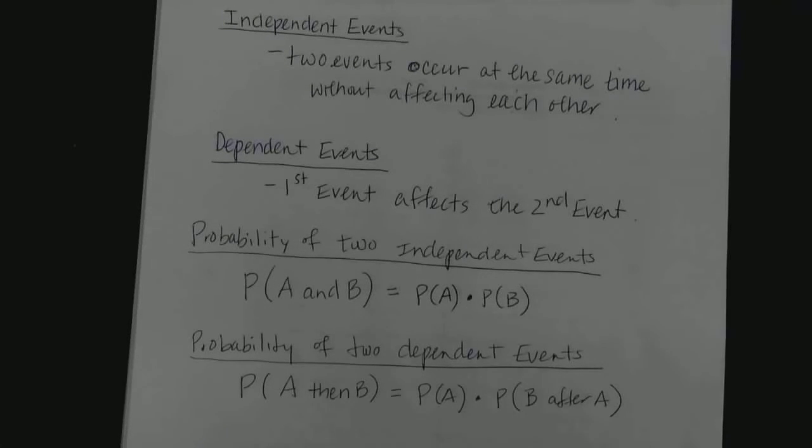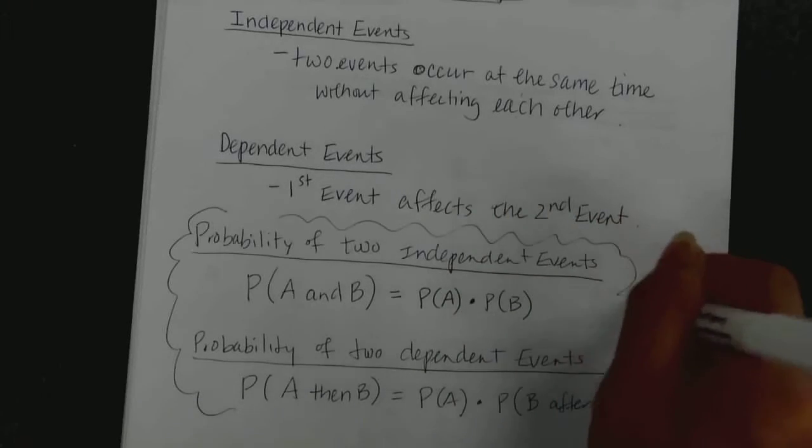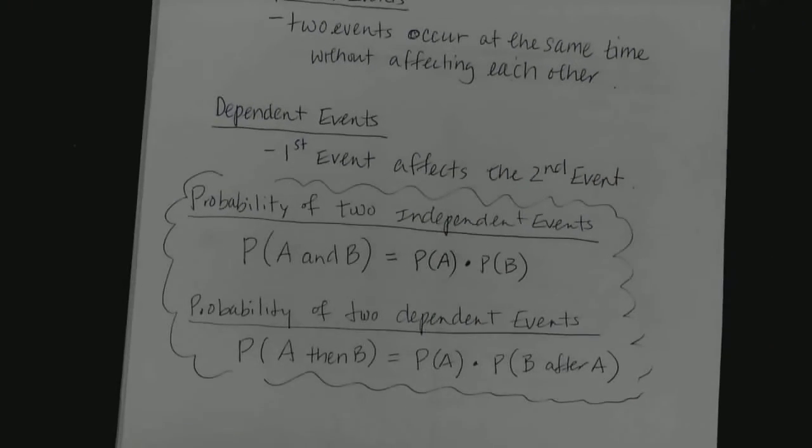So you're still multiplying. Any questions with this? I'm going to give you a couple examples and then we'll be done. So probability of independent and probability of dependent events.